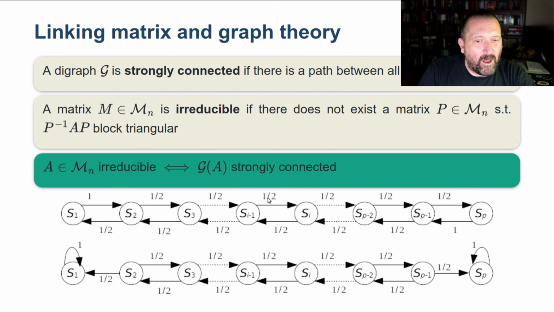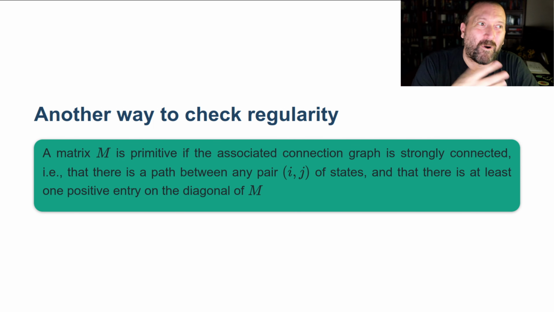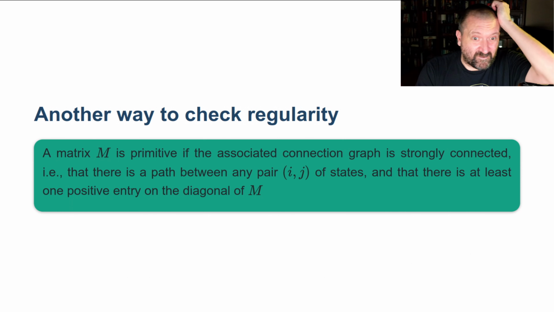A positive entry on the diagonal would mean that one of those vertices here has a loop. I don't have a loop here, which, as I said, this theorem gives a sufficient condition, not a necessary one. And so there are other ways to guarantee primitivity, and the matrix associated to this graph is actually primitive. So that graph is regular, that Markov chain is regular.